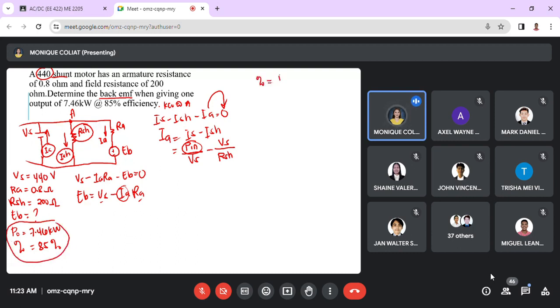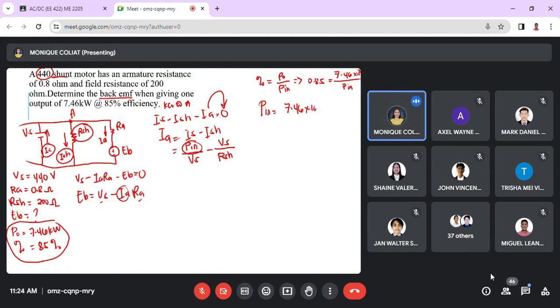Efficiency is equal to PO over PIN, that is 0.85, equal to PO, 7.46 kilowatts or times 10 raised to positive 3, over PIN. To get PIN, that is 7.46 times 10 raised to 3 over 0.85.